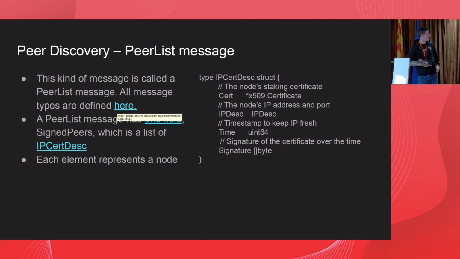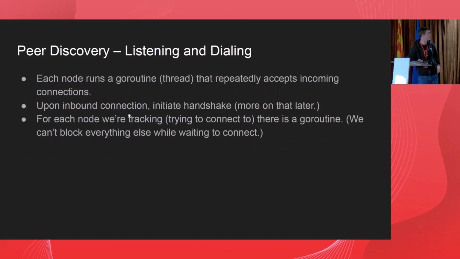Okay, there's a bunch of other message types that I wanted to poke through, and we'll talk about some of them in a bit. Every node on startup starts a goroutine where you're constantly listening for inbound connections. We have this process for disseminating information about who's in the network, and this is the part where we actually accept the inbound connections.